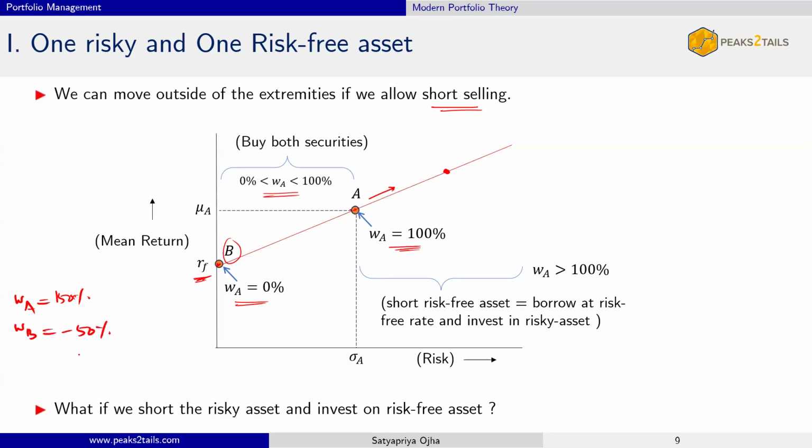Together, they always have to add up to 1. You cannot violate that constraint, right? So in this leveraged position, you can get out of these bounded zones and then have portfolios which are riskier, but also at the same time give a higher return, right? So yeah, that's what I'm saying here.